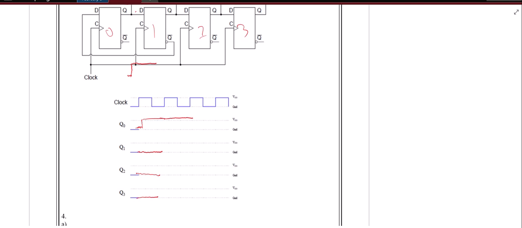But now, Q1 is going to change because when Q1 looks to see what Q0 was right before the clock, Q0 was 1. So it's going to become 1, and I'm going to come out a little bit past the clock edge to show the delay. Q2, on the other hand, hasn't had a chance to see a 1 yet. It looks back, it still sees a 0, so it'll stay 0. And so will Q3.